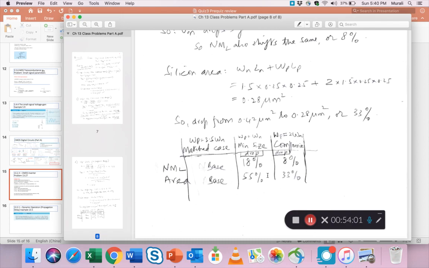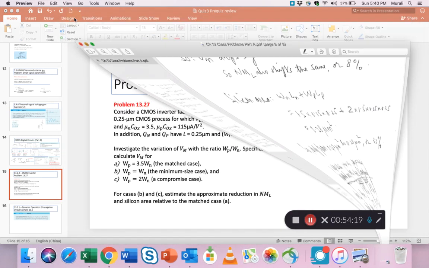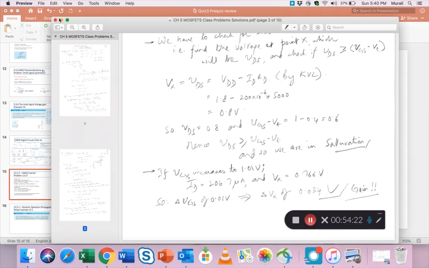But with the minimum size, you get a big savings, but the noise margin drops by 18%. With the compromise solution, the savings in area are not as great, but the drop in noise margin is not so bad. Okay. All right. So that was one problem we looked at, and what else do I have?